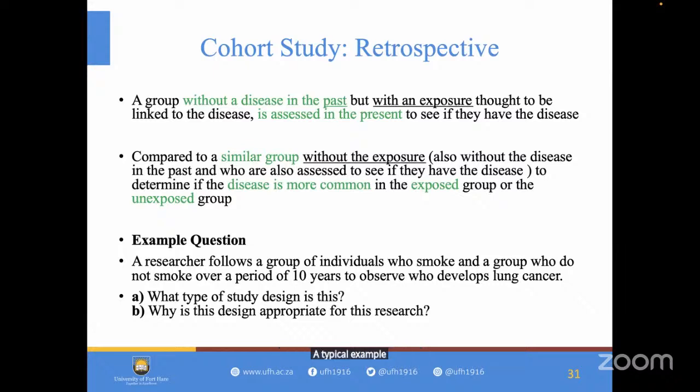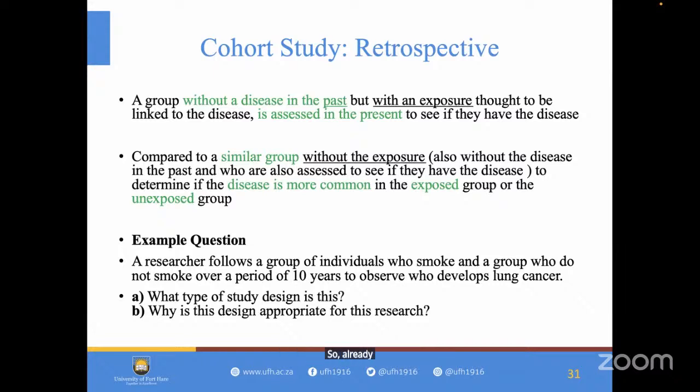A typical example, I don't want to use smoking and lung cancer again. Let me use treatment adherence in HIV. So you go to a clinic to see how many people have defaulted on their treatments.